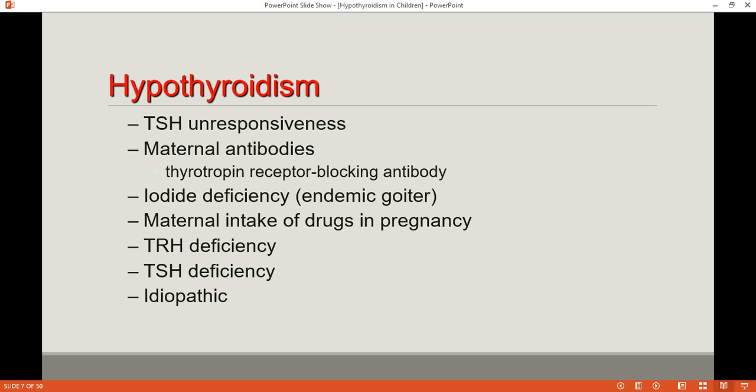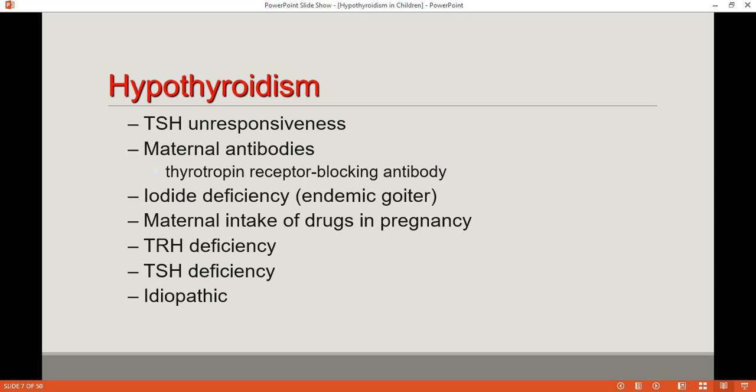Other causes of hypothyroidism may be TSH unresponsiveness, meaning a defect at the receptor level, and then there are maternal antibodies including thyrotropin receptor blocking antibody, which can cause hypothyroidism in neonates.